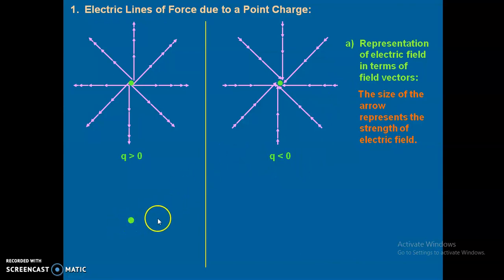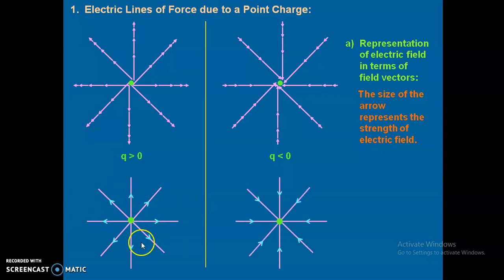Next, these are the electric field lines due to a point charge when q is greater than 0. And here when q is less than 0, electric field lines are radially inward.